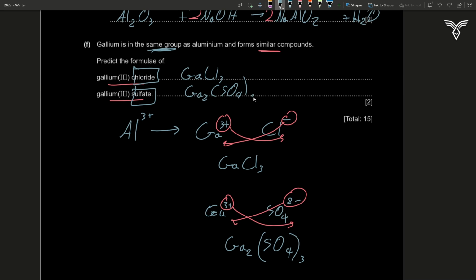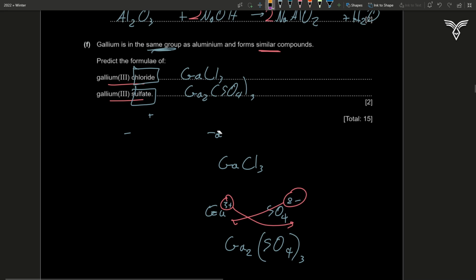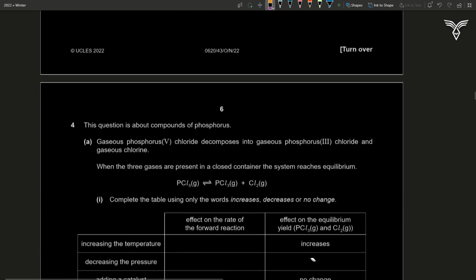Ga2(SO4)3. كده بكل بساطة تكون حليت this question. طيب let's go to the next question.